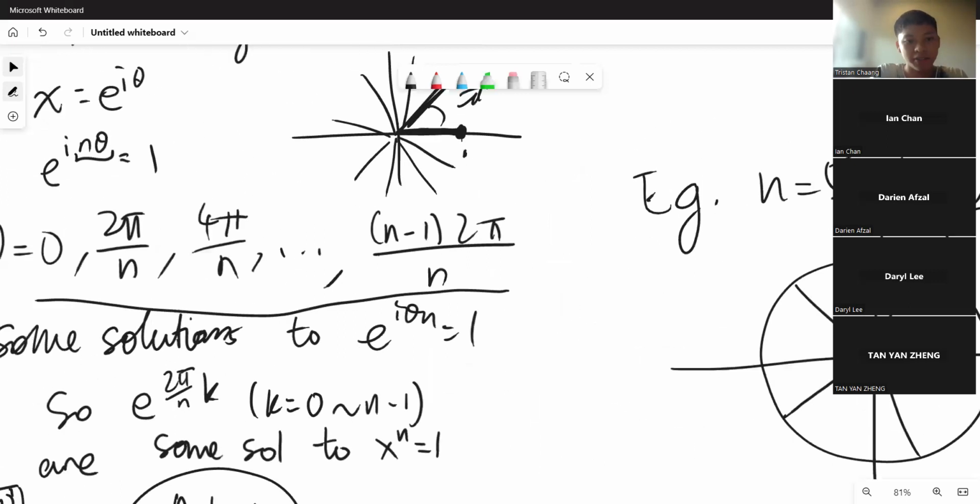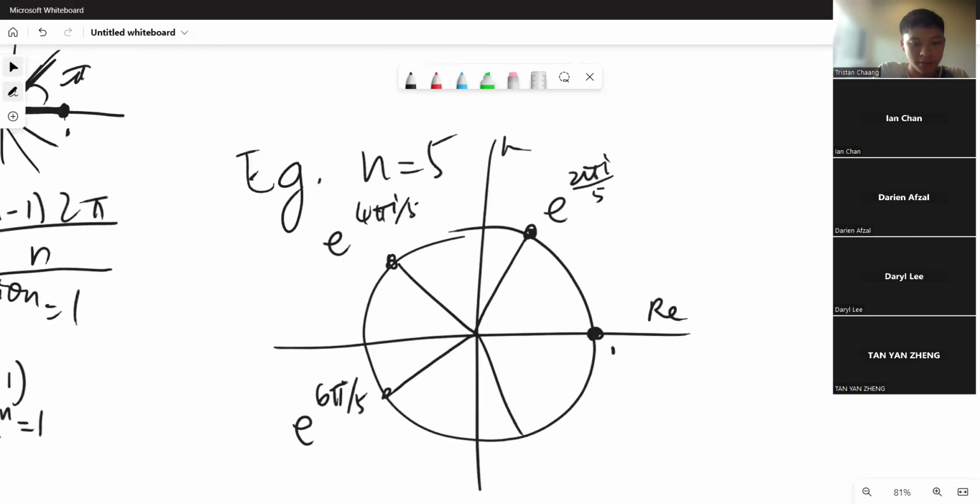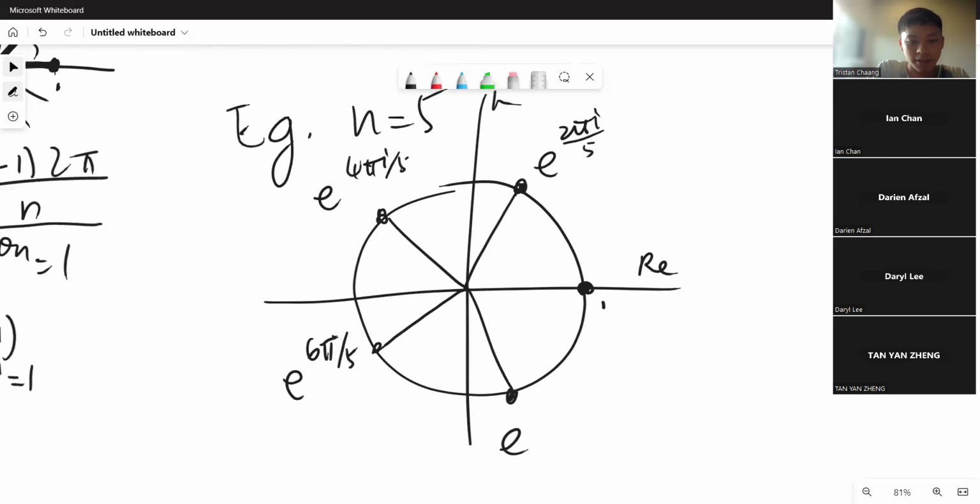E to the 4 pi i over 5. E to the 6 pi i over 5. E to the 8 pi i over 5. Wait, this doesn't look right. 1, 2, 3, 4. Oh yeah, it does look right. Okay.